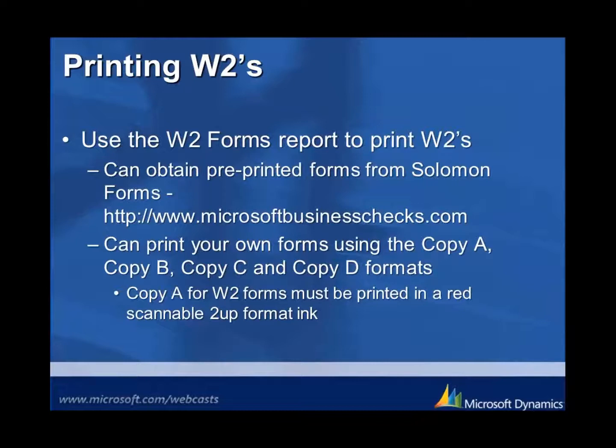You have to go out and get a special ink in order for SSI to read that form. But all other forms are perfectly fine. The IRS does not have any problem if you give copy B, copy C, and copy D to your employees or file them or what have you. Nobody has a problem with that. It's just that red one, the Social Security one.